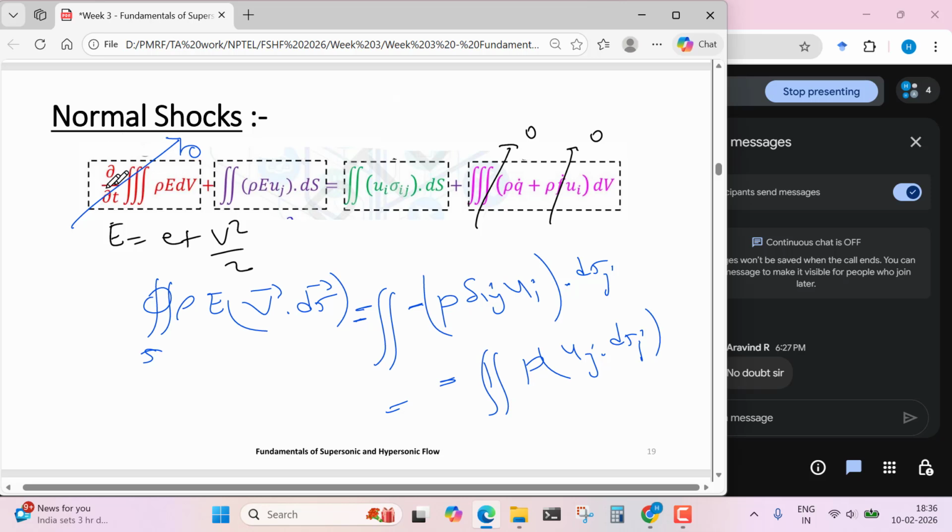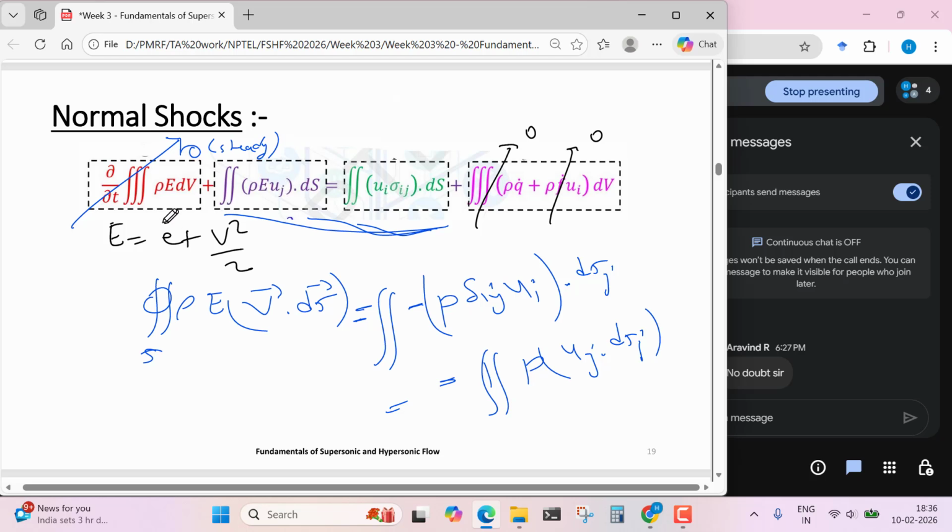As it is steady flow, this term will become 0. There is no heat generation, so this term will be 0, and there is no body force, that's why this term is also 0. So we are left with only these two terms.